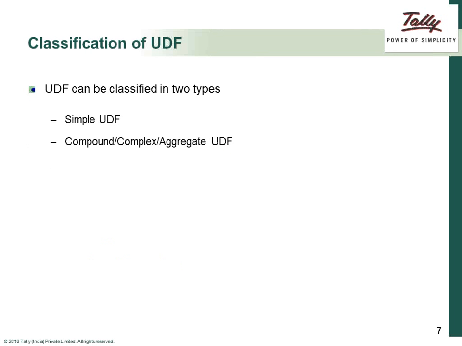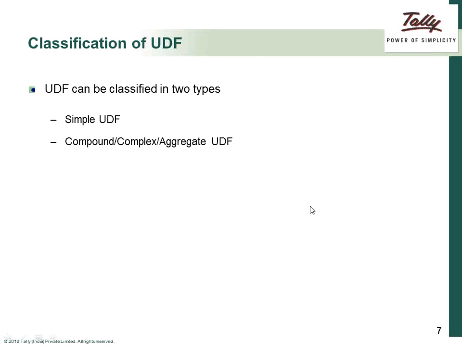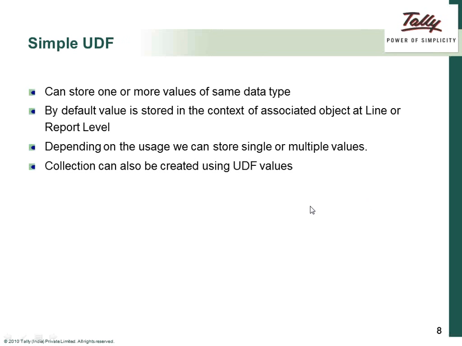Then we spoke about the classifications of the UDF. A simple UDF and a compound UDF. But what is a simple UDF? Simple UDF allows you to store one or more values of same data type.